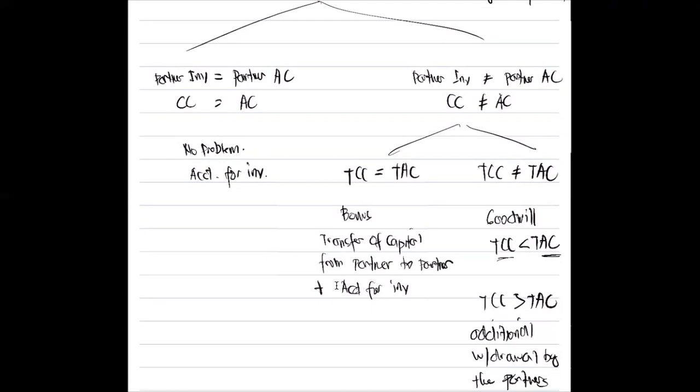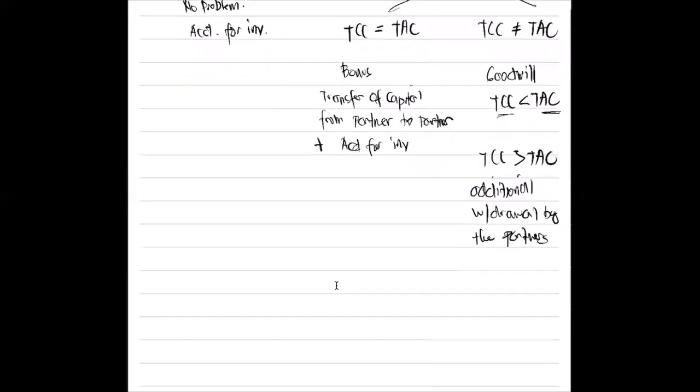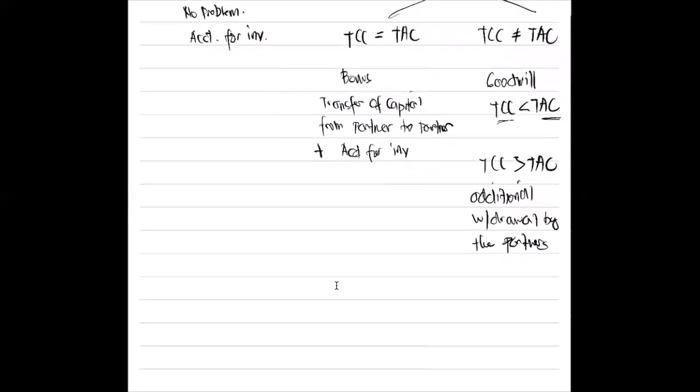What if the total contributed capital is not equal to your total agreed capital? There will be a goodwill if ever the total contributed capital is less than the total agreed capital. And then there will be an additional withdrawal if ever the total contributed capital is greater than your total agreed capital. Okay? So let's have some examples pertaining to this one.